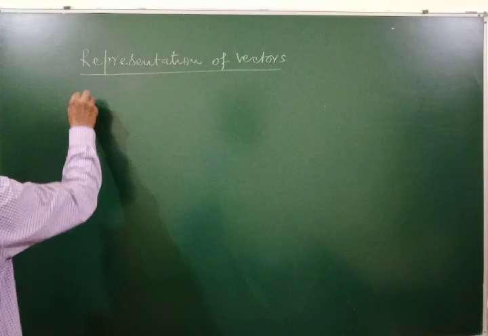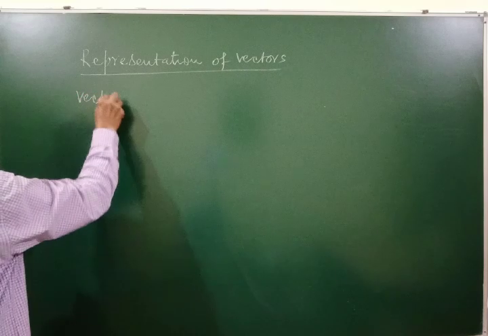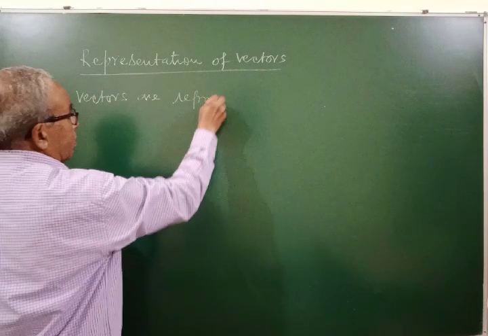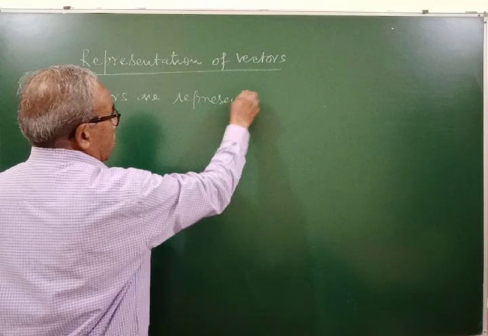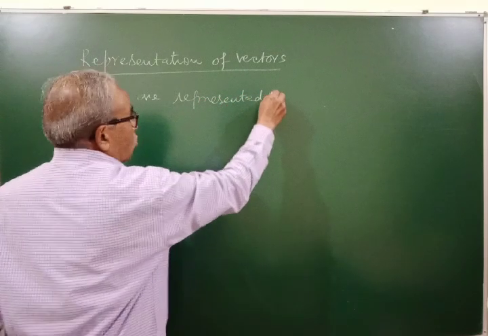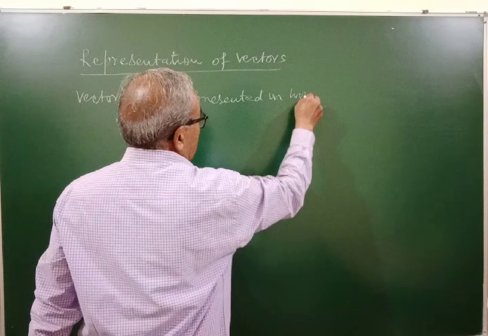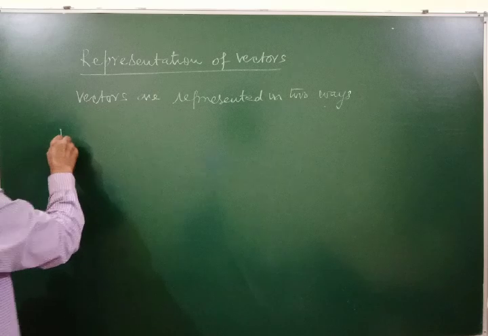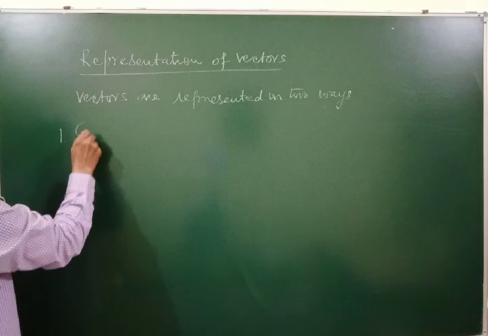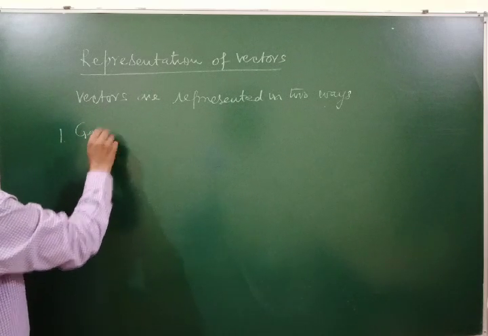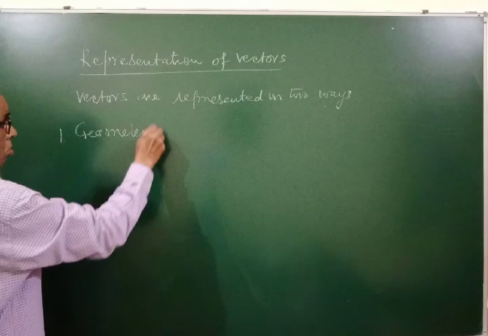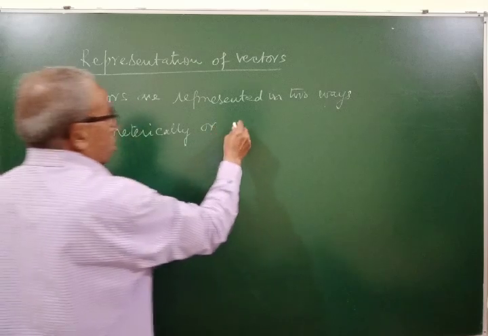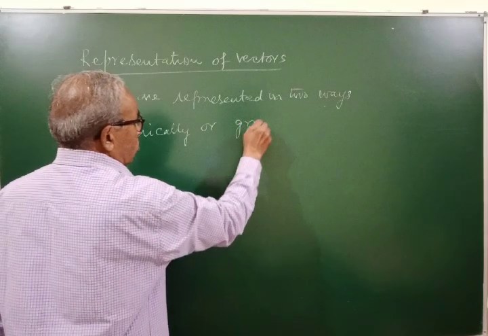Vectors are represented in two ways. Number one, geometrically, or I can say graphically also.